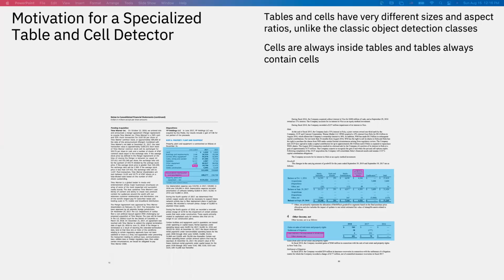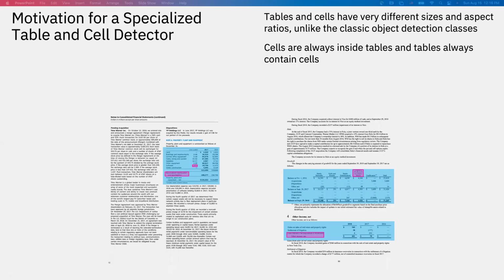There is no obvious constraint between different objects, but tables are different. Tables and cells have very different size and aspect ratio, unlike the classic object detection classes. And it also has a nice property, which I will describe in a second, that we can leverage.